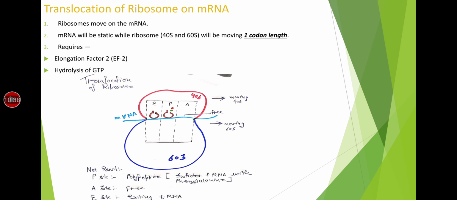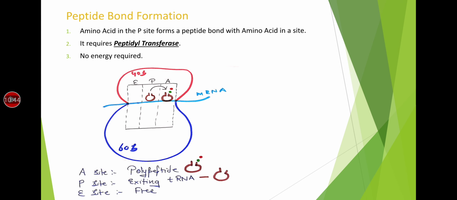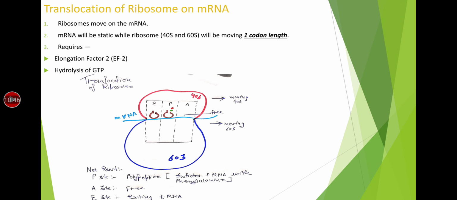The exiting tRNA, in the previous slide, we can see it was in P site, but now due to translocation, the exiting tRNA moves to E site. So what is the net result? The net result is that the P site consists of polypeptide, initiator tRNA with phenylalanine, A site is left free, and the E site consists of exiting tRNA.